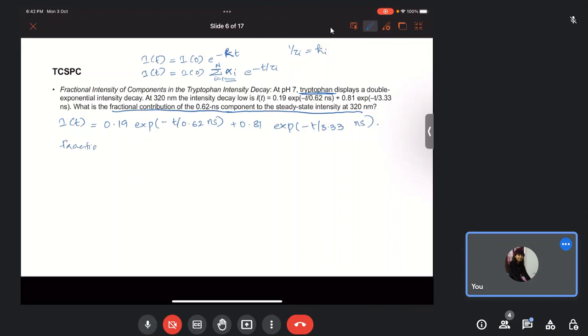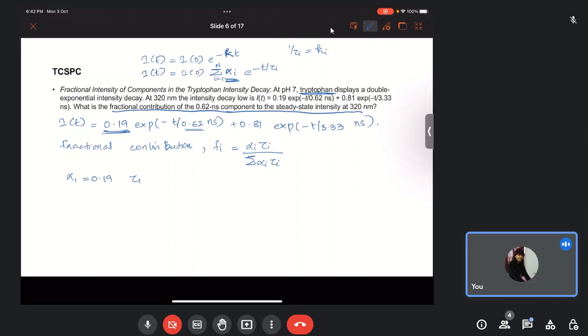The fractional contribution can be calculated as Fi is equal to alpha i tau i divided by summation of alpha i tau i. In this particular case, we know that alpha 1 is 0.19, the pre-exponential factor, and tau i is the denominator in the exponential.